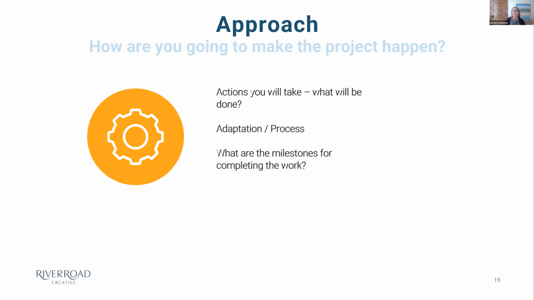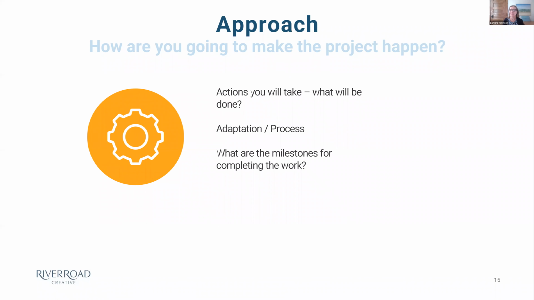Your approach, how are you going to make it happen? Sometimes you're limited, as I said, by a word number here, but really cutting to the quick of how this is going to happen, the actions you're going to take, how you're going to adapt. I mean, who knew about COVID, right? And so what happens now if there's something else? Or what happens if, I don't know, your community floods, all of these disasters we're hearing around here.